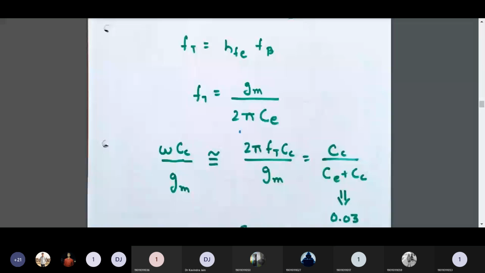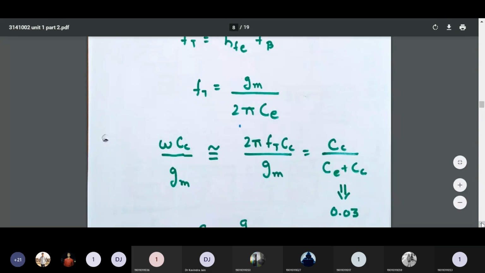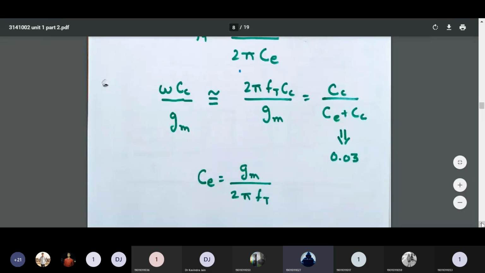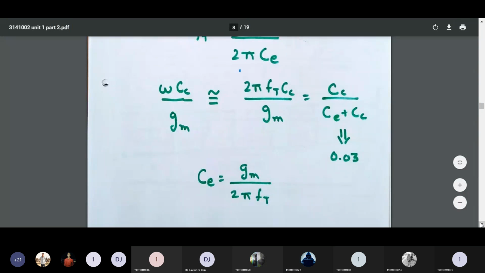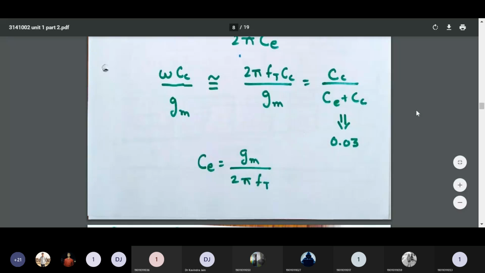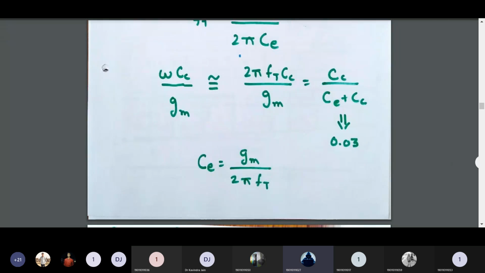If the two transistors have equal fT, then the transistor with lower hFE will give higher bandwidth. Okay, sir. Done. Any other doubts? Please let me know.